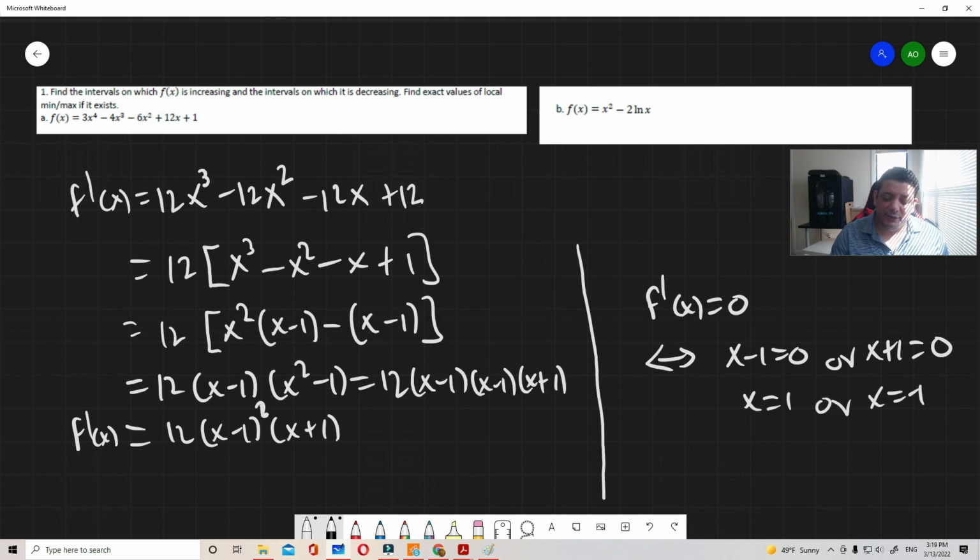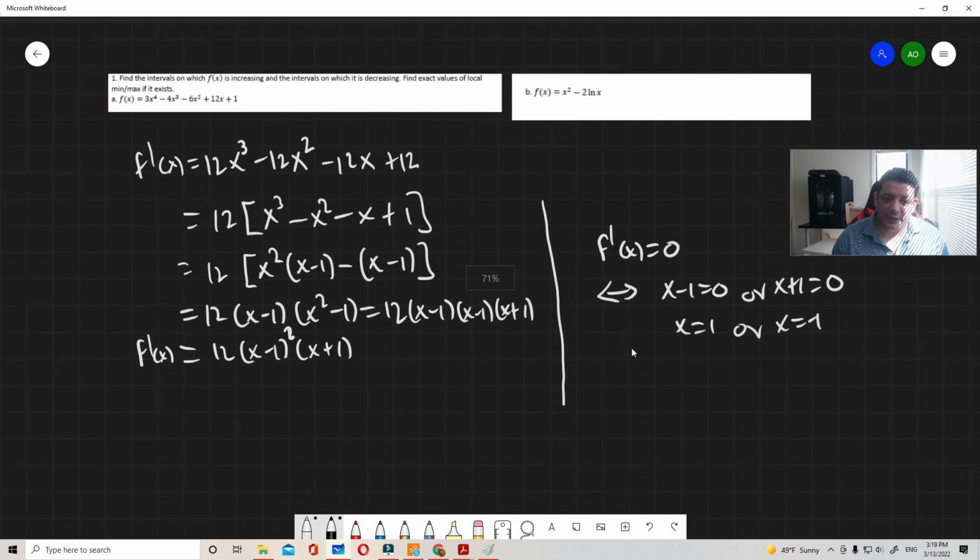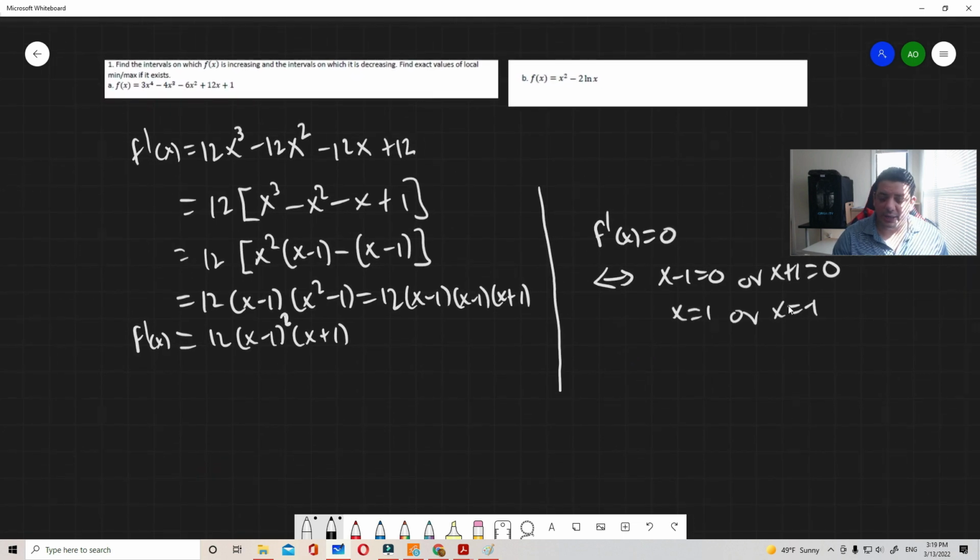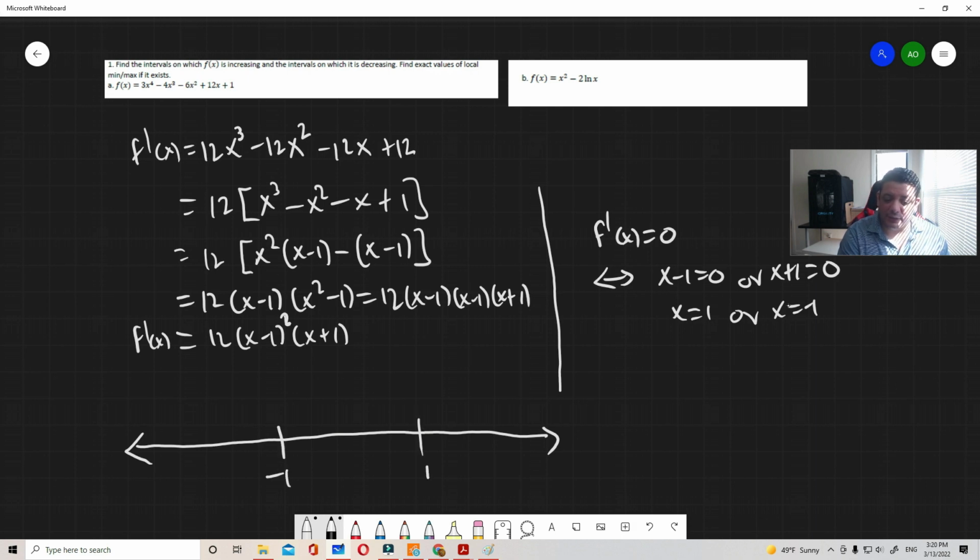Okay, and so now that's going to influence the way that I'm going to check the real line, because notice that those are potential candidates to be maximums or minimums. So I expect that there are going to be changes around those points. Now, I'm going to split the real line from minus infinity to infinity as minus infinity to minus 1, minus 1 to 1, and 1 to infinity.